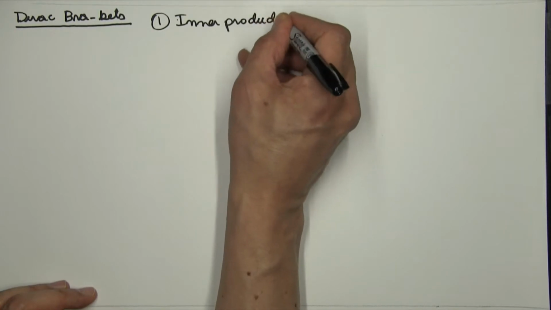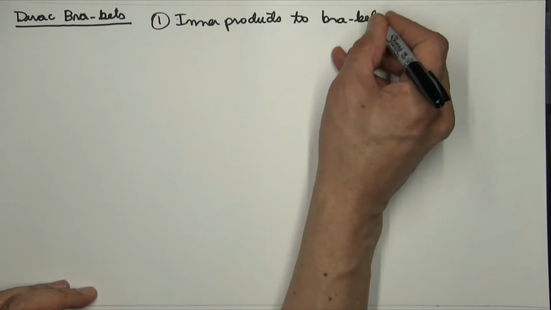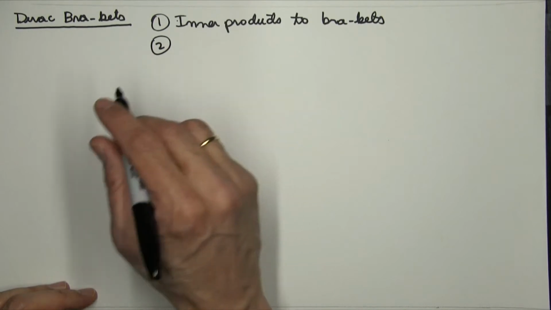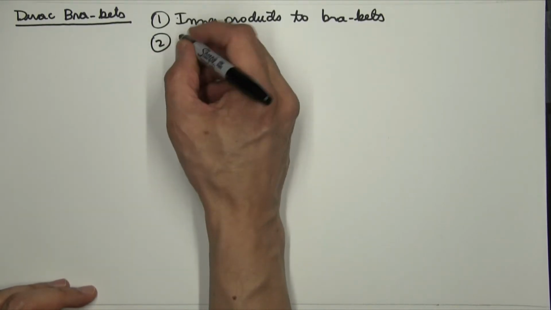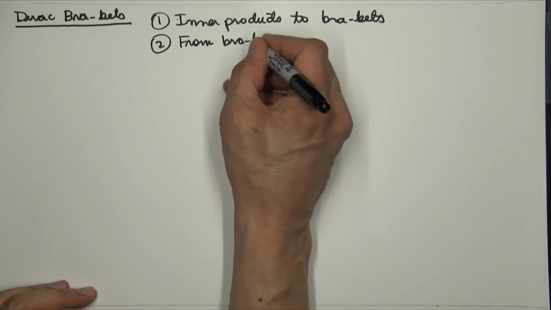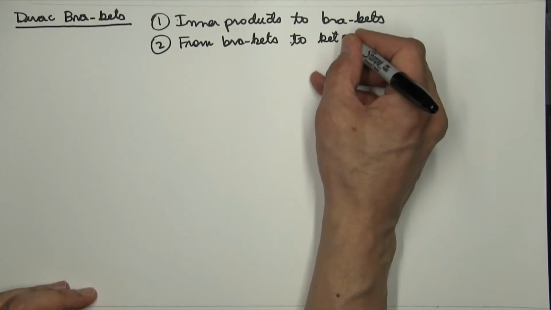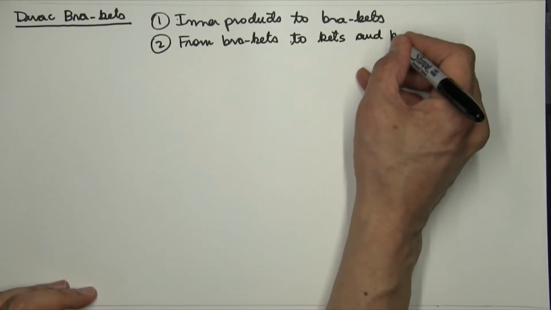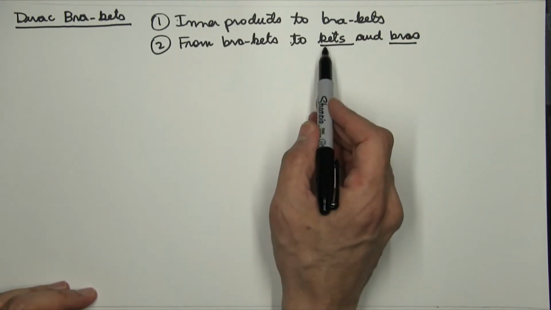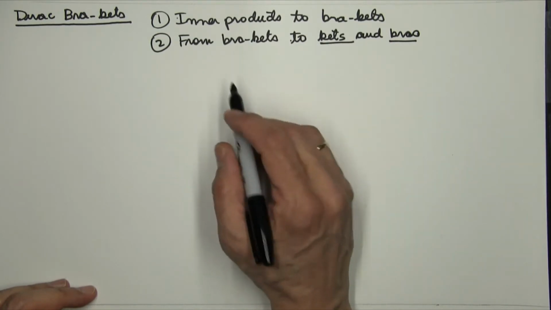And the second step is the one in which you go from brackets to kets and bras. So that's a step when you isolate these two kinds of objects that are called kets and bras from the brackets you've introduced.